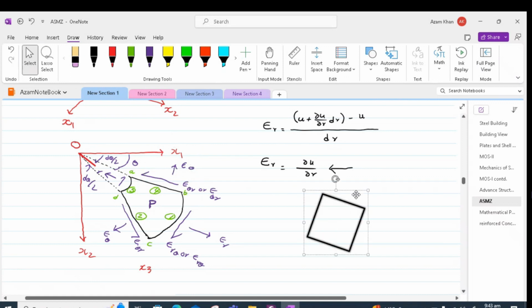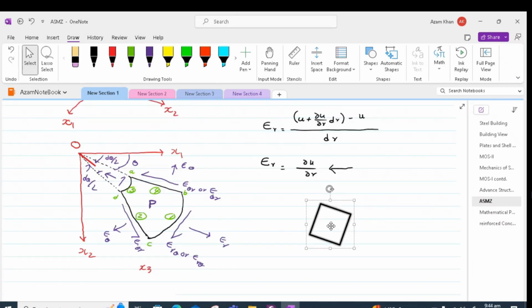So along the tangential direction, a body will slightly move in a rigid body fashion, and then in addition to that, there will be a stretching or a squishing. Therefore, we will have to subtract the rigid body movement from the overall displacement of this element.